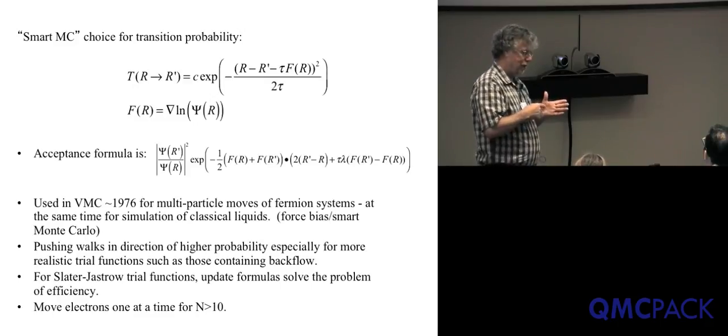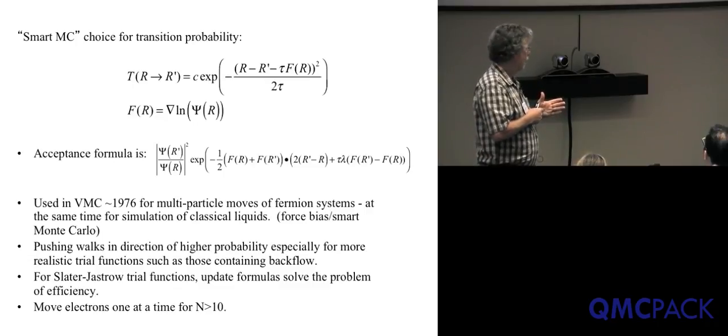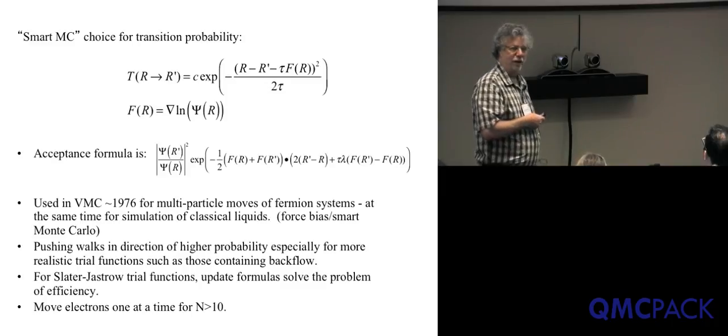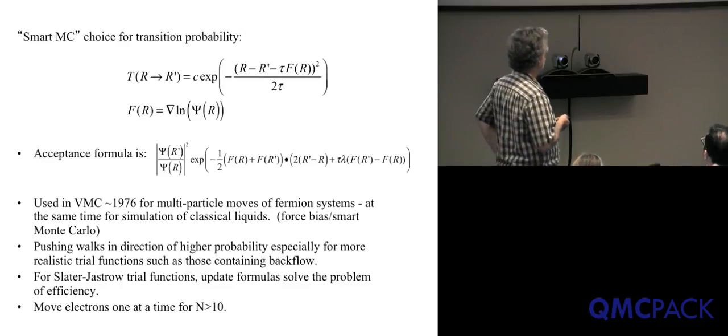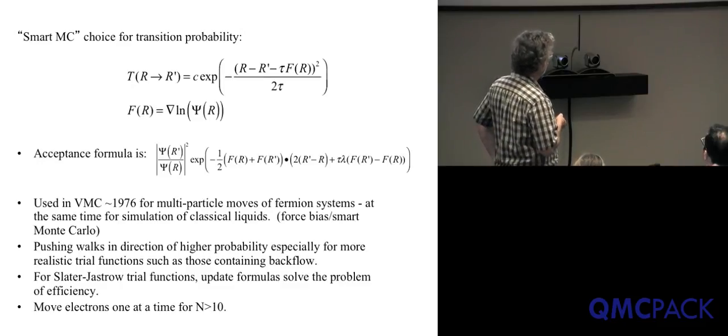So the idea is you sample, you're at a given position R, and you calculate F. You sample from a Gaussian. That's a standard thing that you learn how to do, how to sample from a Gaussian. I guess I don't explain that, but it's a simple thing to do.